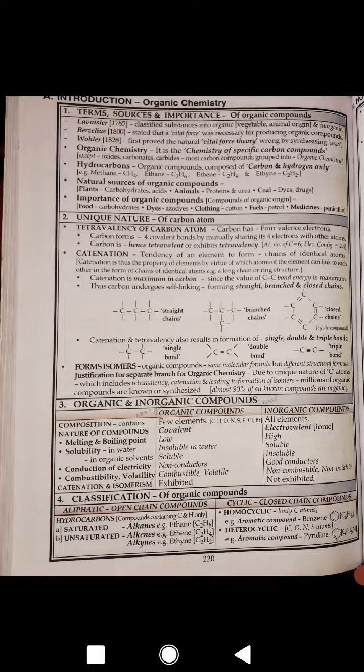First of all, we are going to talk about the compounds of organic chemistry. I would like to introduce you to this topic. It is basically about organic chemistry. Organic chemistry is the chemistry that deals with organic compounds.